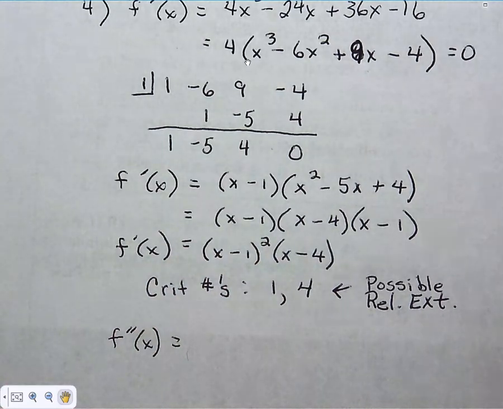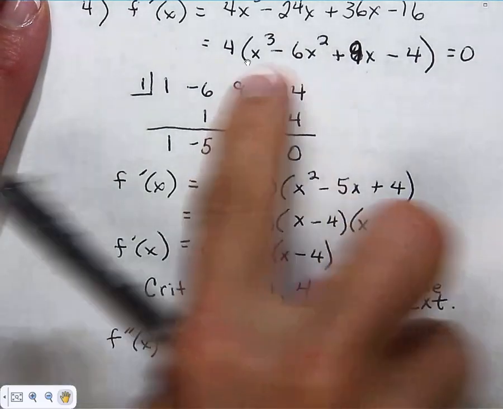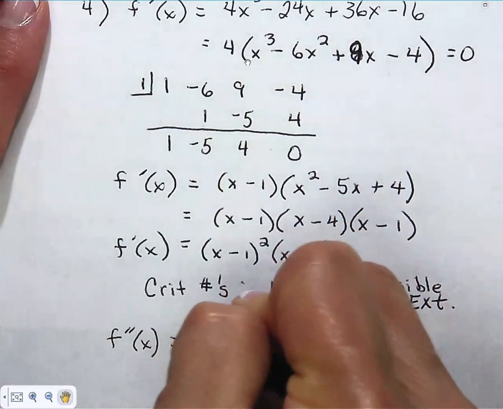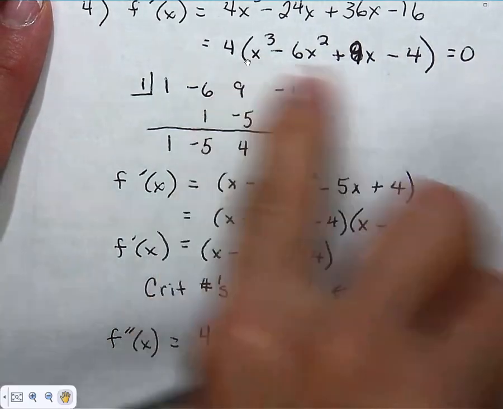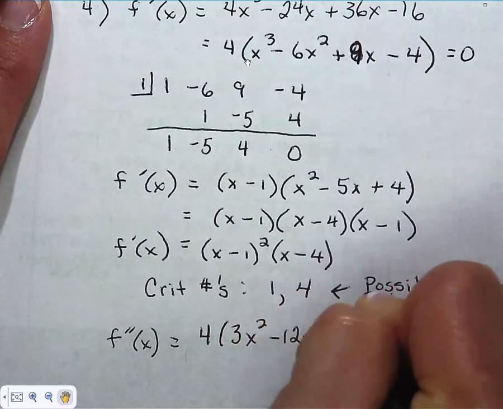What form of the first derivative would be the easiest place to find the second derivative? Up here. Either this or that, either one's absolutely fine. If you want to use this one, then you keep up with the 4 and you differentiate that: 3x squared minus 12x plus 9.